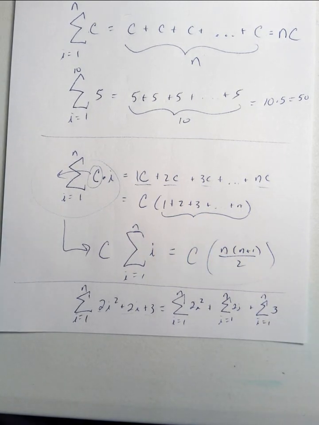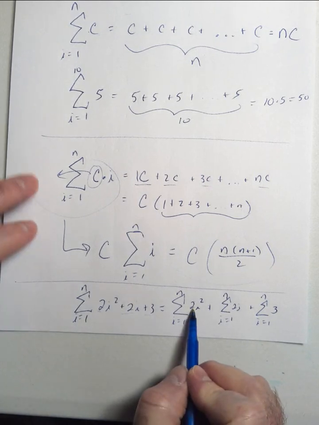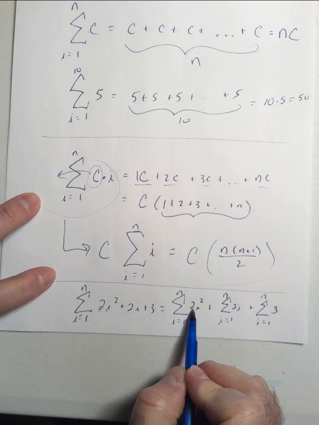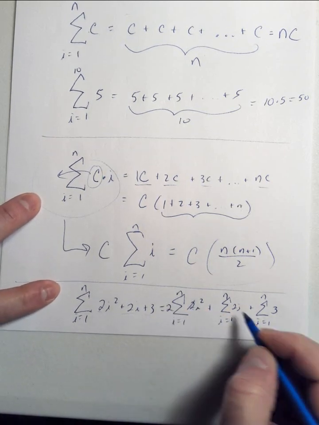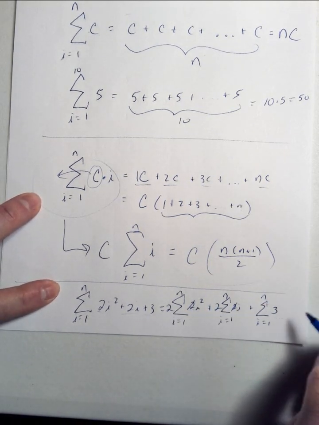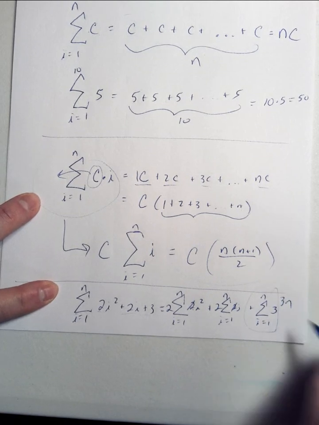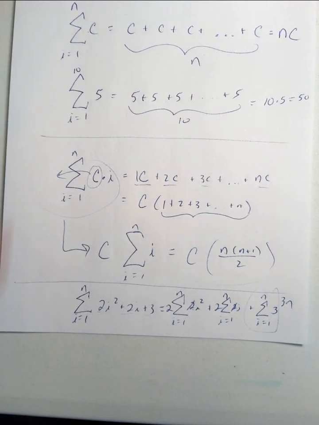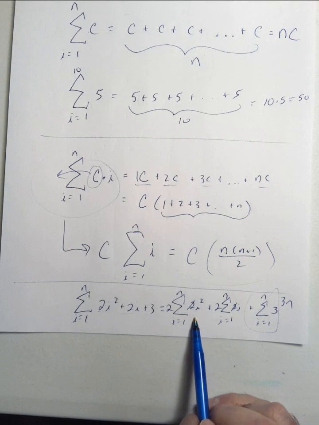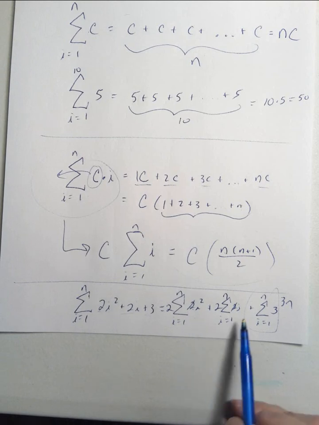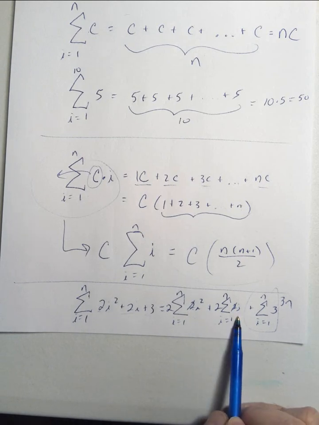So we break up the polynomial into 3 separate sums, and then using the property we described above, we can take this 2 out front, take this 2 out front, and we know this is just 3n. So we have the sum of the integers squared and the sum of the integers, which we had formulas for.